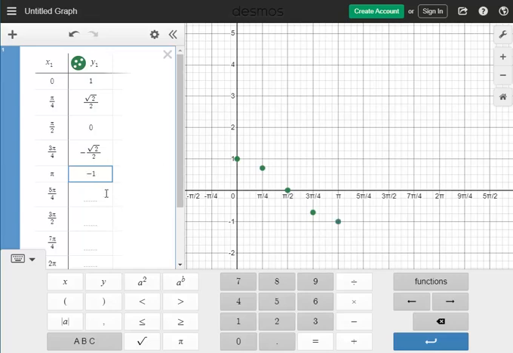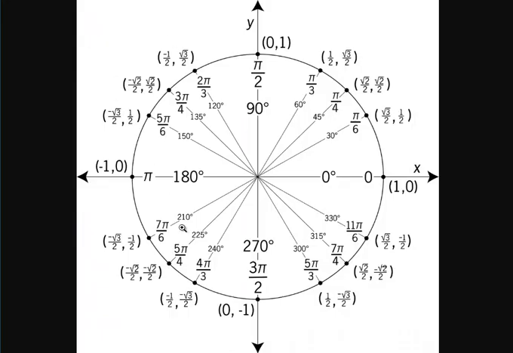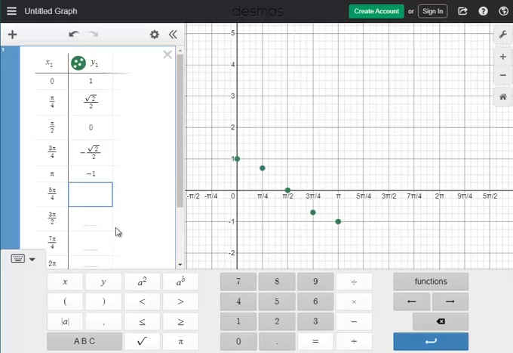5 pi over 4, the x coordinate of that would be another negative square root of 2 over 2. And I don't know about you guys, but I'm starting to see that same kind of pattern emerge that we had for the sine graph. It just looks slightly more augmented. So 3 pi over 2, the x-coordinate for that would be 0.